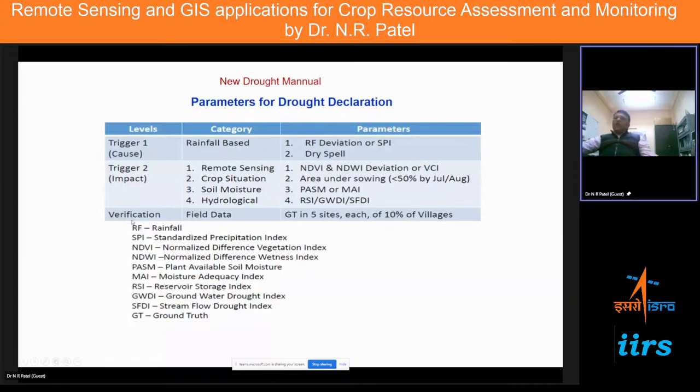If you can go to the ground and identify whether the crop condition is so much affected or not. If you find there is not much effect on the ground, then you can reduce the classified output from severe category to the moderate category. That is all about ground verification, which ground staff or patwaris can do.